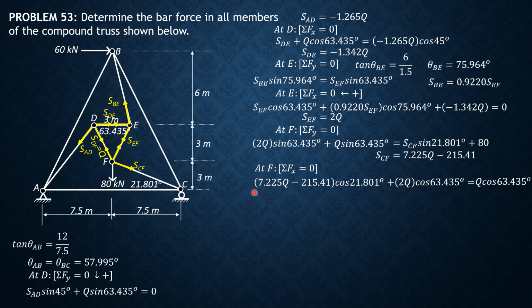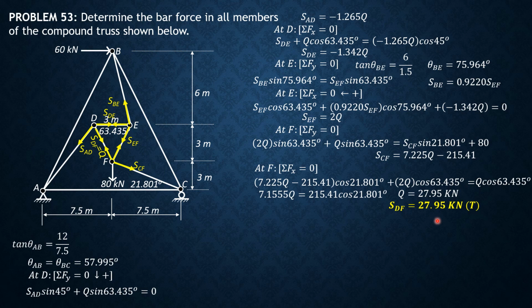So combining, Q times 7.225 cosine 21.801 plus 2 cosine 63.435 minus cosine of 63.435, that would be 7.155 Q, then equals 215.41 cosine 21.801 to the right. So we can now solve for Q, which is equal to SDF, and it is equal to 27.95.